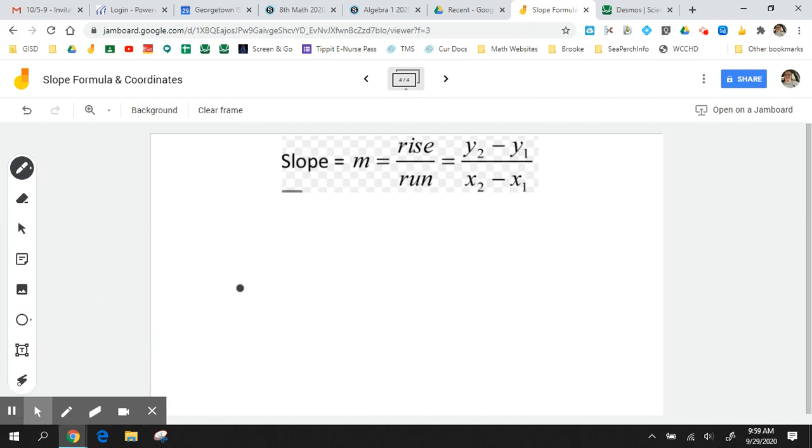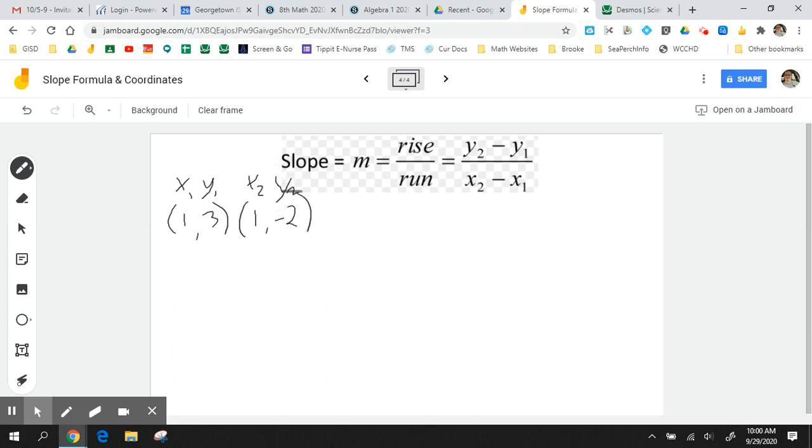All right, so there's two options you can have, and it sometimes will happen. If I had 1, 3, and, well, let's leave it a positive. And let's have 1, -2. So here's my x1, y1, and my x2, y2.